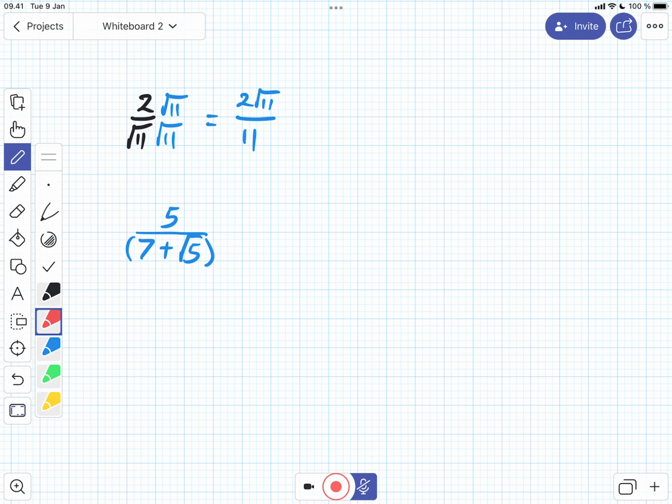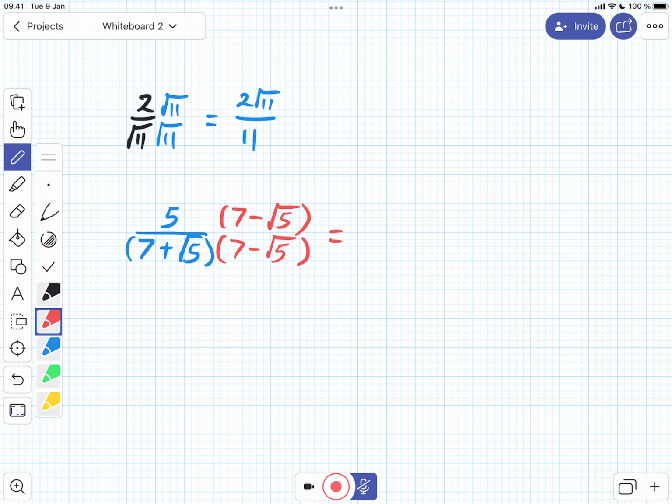And now I'm going to multiply top and bottom of that fraction by 7 minus the square root of 5. So all we're really doing is multiplying it by 1. So it's not getting any bigger or smaller, but we're just writing the fraction in a different way.